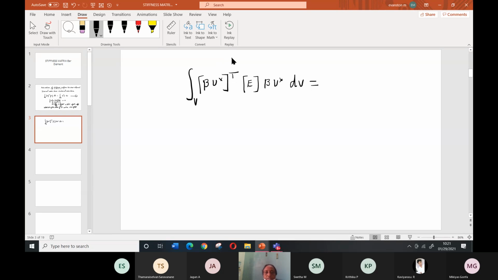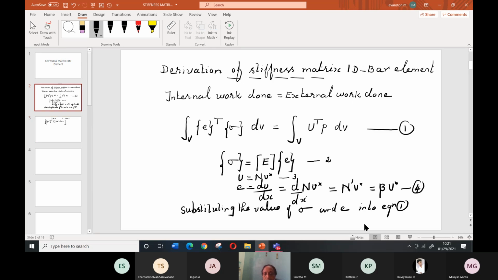When you are integrating that over dV, internal work done is equal to external work done. What is the external work done? Again it is an integral over volume. Have you noted this one? Should I wait for you? Yes, ma'am.